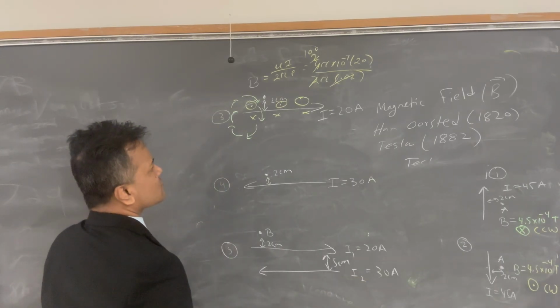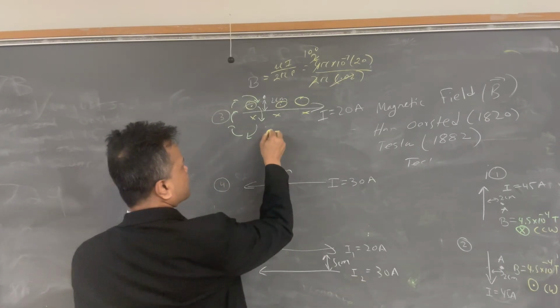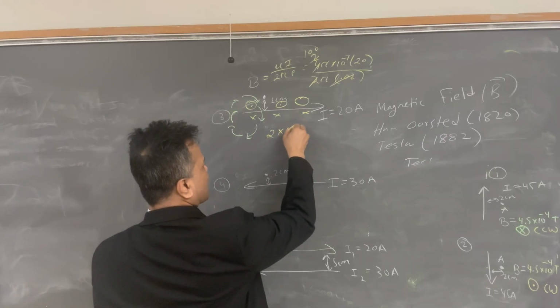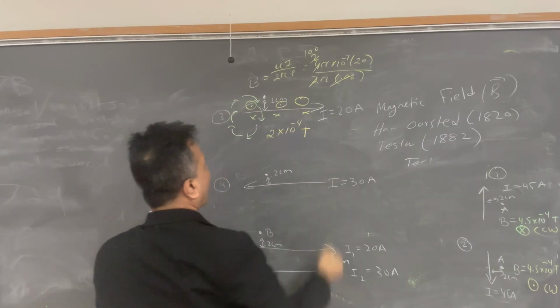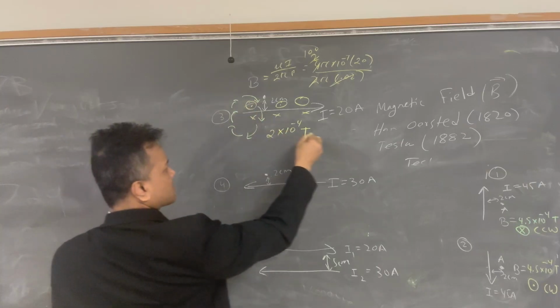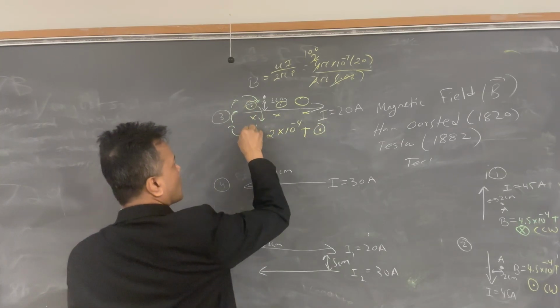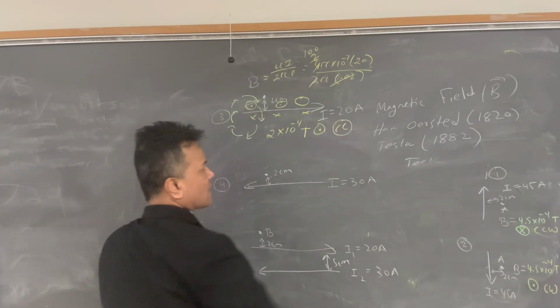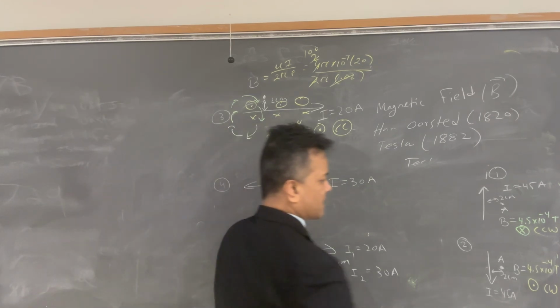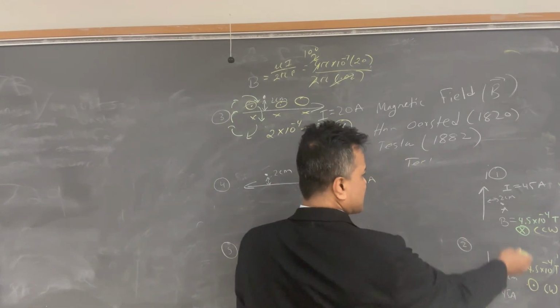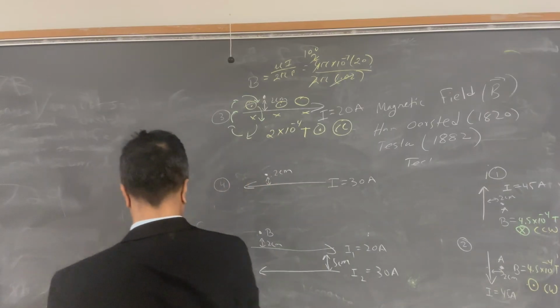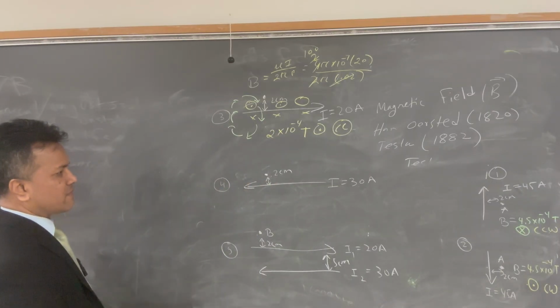So you have 2 times 10 raised to negative 4 tesla. And this one is out of the page, or clockwise. And you see, whenever it is out of the page it is clockwise. When it's into the page it is counterclockwise. That's another thing you should have discovered by now.